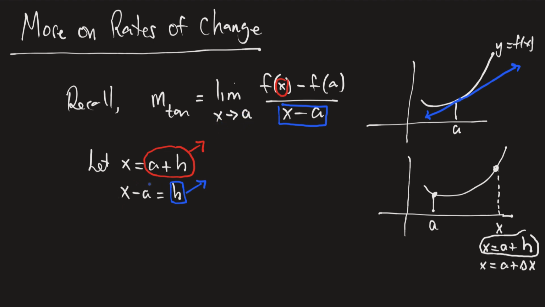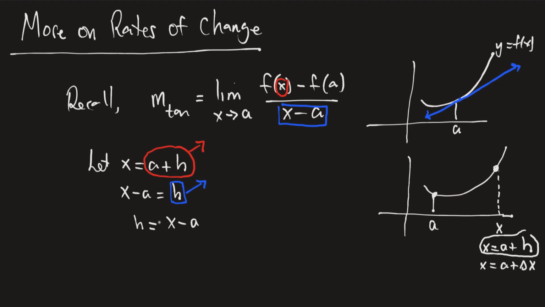So look at this equation here. Let me write it this way: h is equal to x minus a. Let's not even write it as a limit, but just realize what happens is as x gets closer and closer to a, h gets closer and closer to 0. Because for instance, if I plug a into the right hand side, I would have 0.